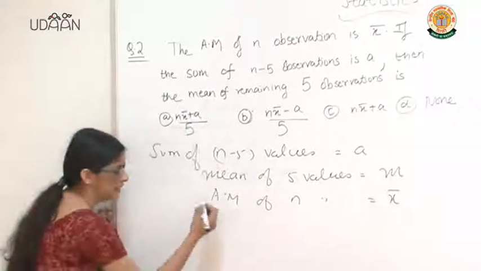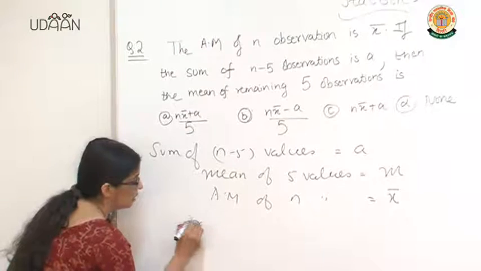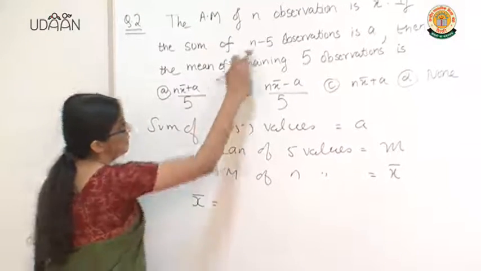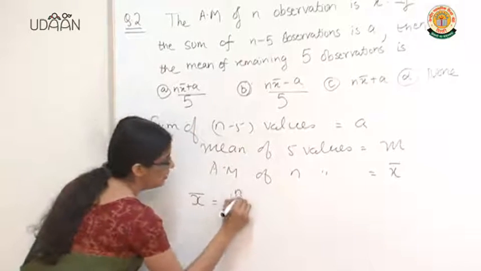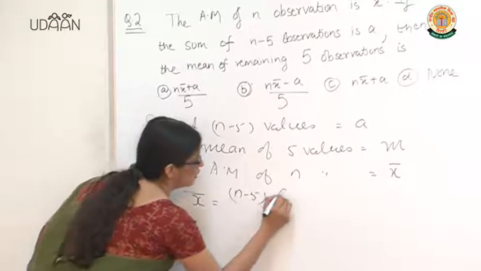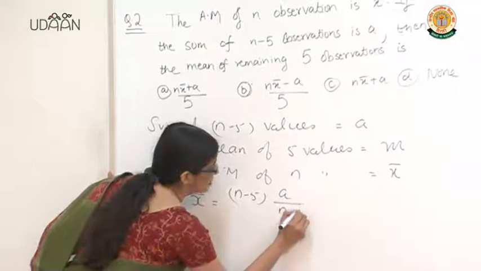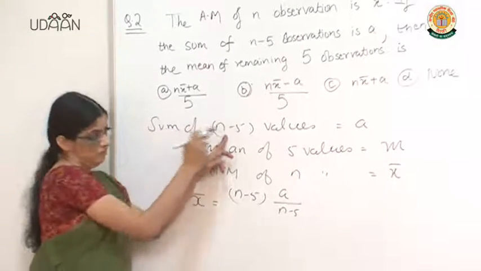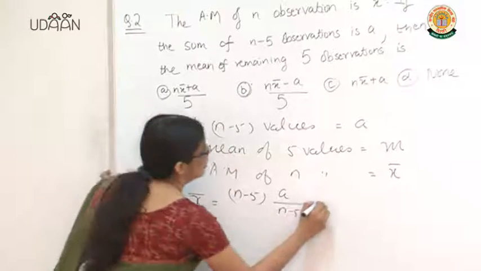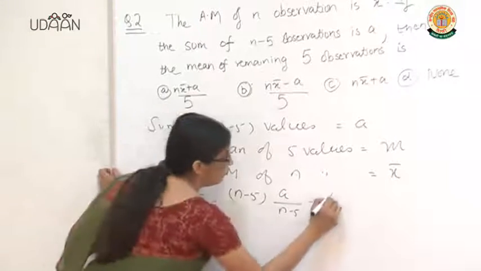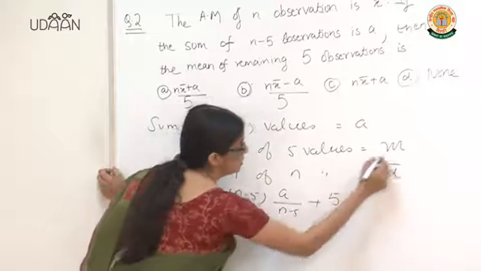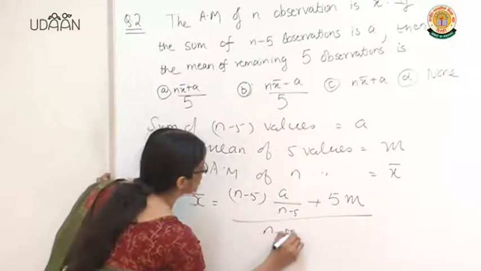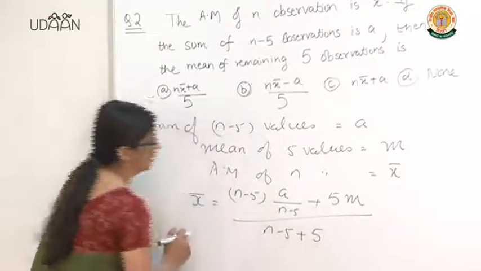So, apply the formula, a very simple question: x bar equals a, the sum of n minus 5 values, divided by n minus 5. So, the arithmetic mean will be a divided by n minus 5 plus 5, the sum of the 5 values is m, divided by n minus 5 plus 5.